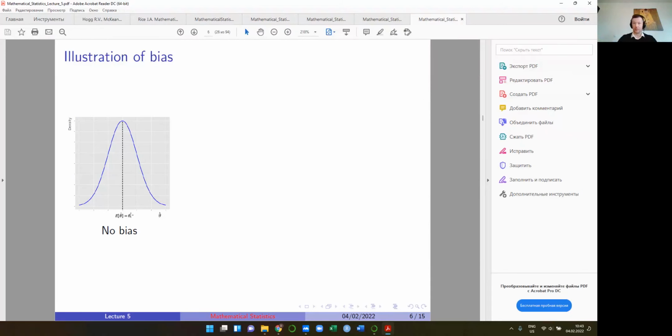You remember we discussed several times that when you take another sample, the value of your estimator might be different. But if the distribution of these possible outcomes when you estimate the unknown parameter is centered around the unknown parameter, then there is no bias, which means that when you shoot, you point exactly in the direction of your target.